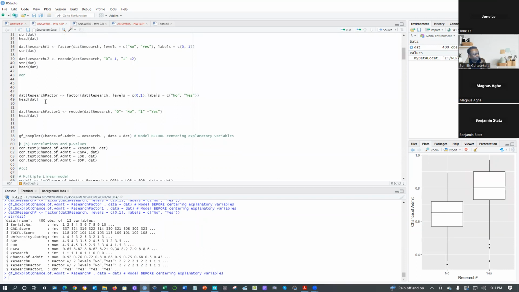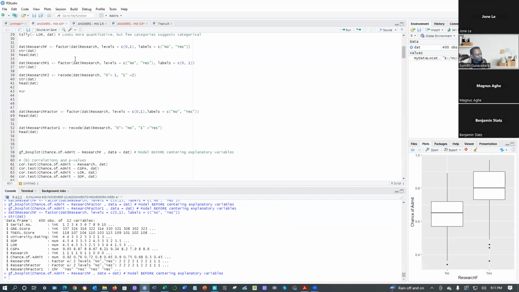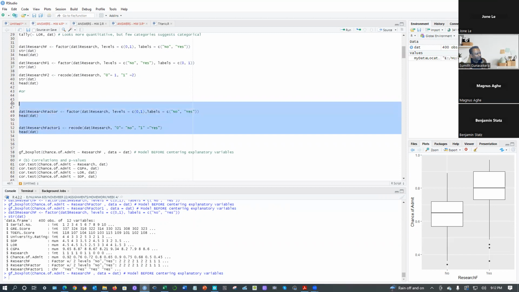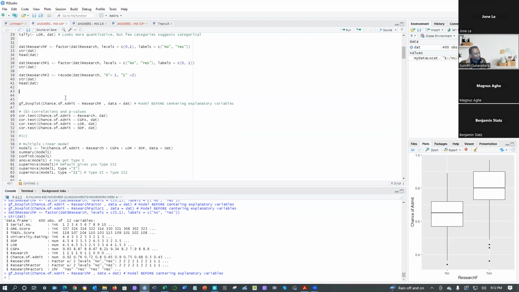So you can use this way or this way, doesn't matter. It's the same thing, and recode 01. Okay, now get rid of this one. This is good.